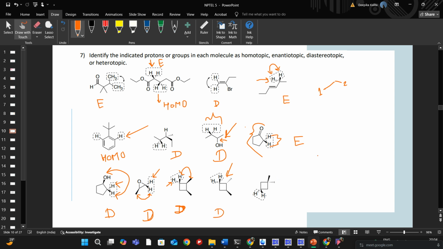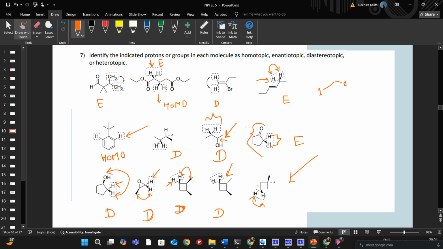And in the last one, if you see, there will be a plane of symmetry containing the cyclobutane ring, and both these protons are also present in the same chemical environment.